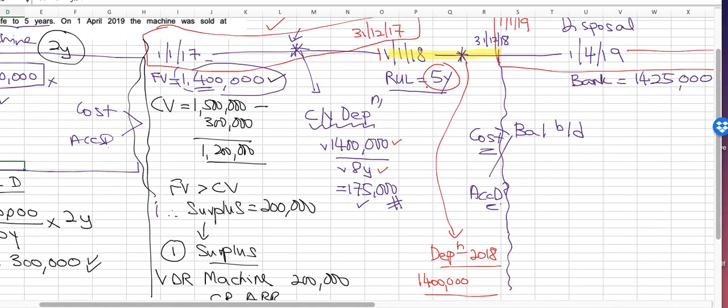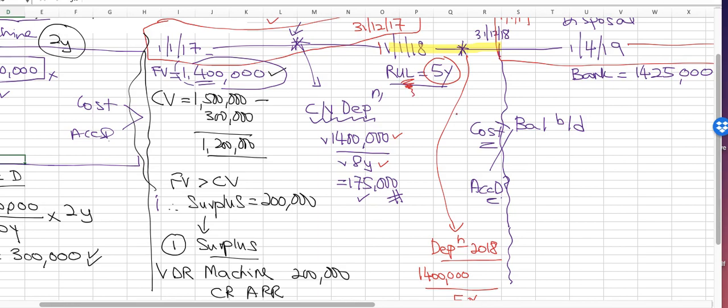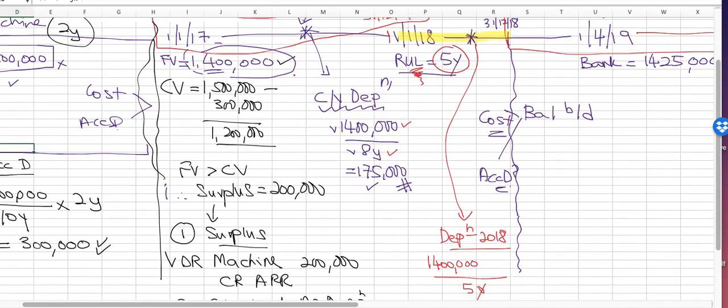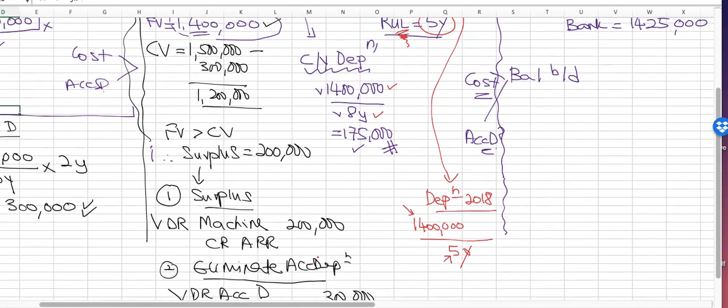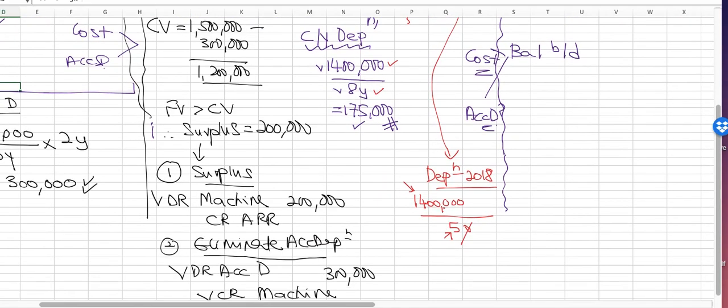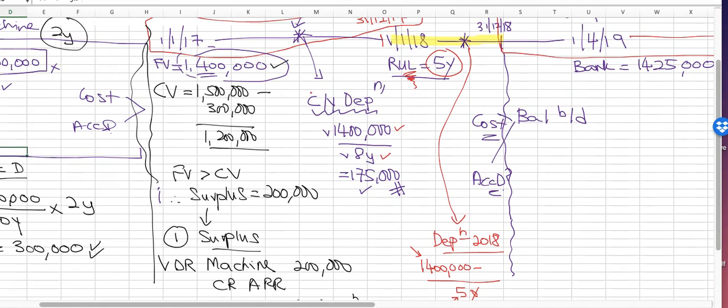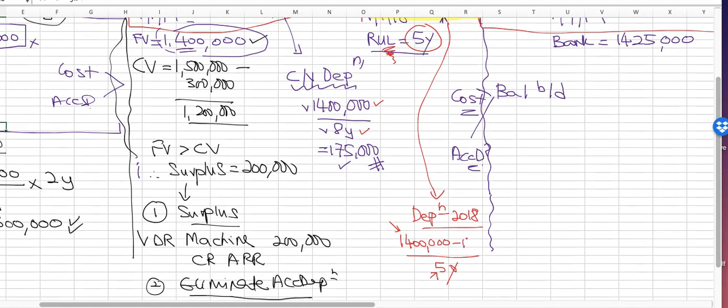Okay? Now, since this is a new remaining useful life, you cannot take 1.4 million. You cannot depreciate based on 1.4 million. Because this is remaining, the top figure must also be remaining. How to make this a remaining? It must actually be the carrying value. Carrying value is cost less accumulated depreciation. So far, what you have calculated is 175 here. Based on this figure, 1.4, it is 175. That means you have to deduct 175,000.